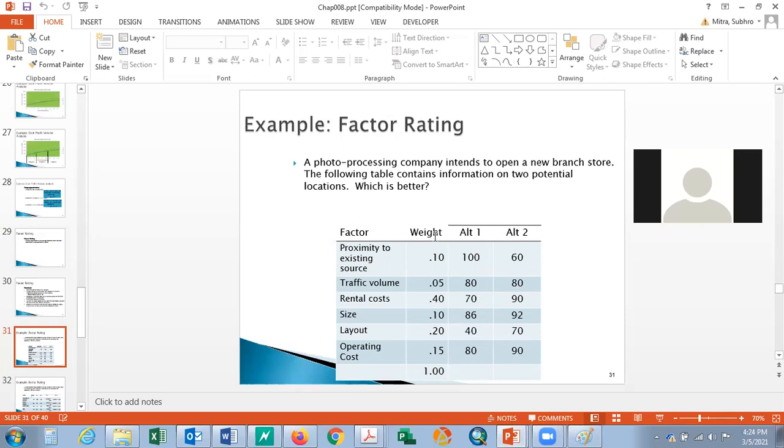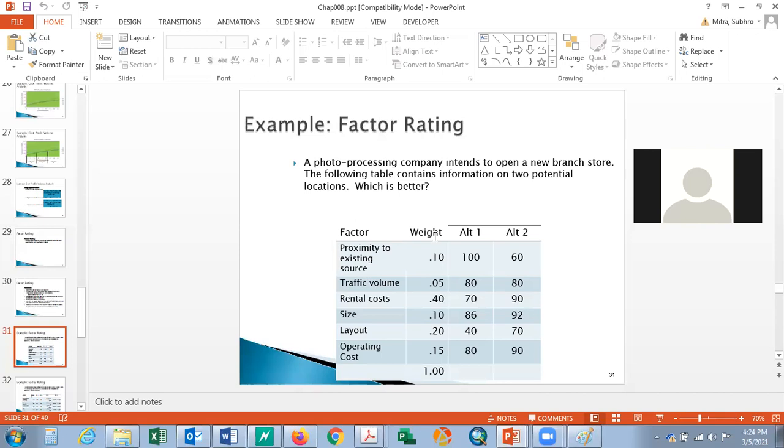So you want to rent a place to start an office complex. You can have different factors like the size of the store, the traffic volume, how many customers you expect at that location. You have operating cost. So there can be multiple factors to decide a place for your business.